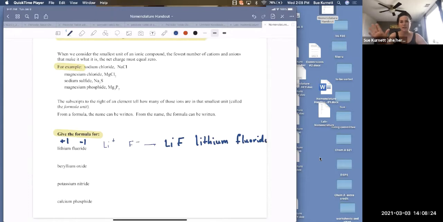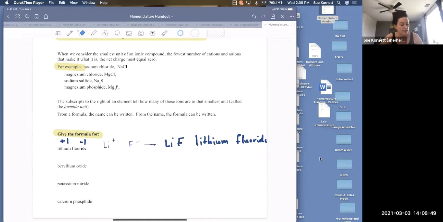It's a whole bunch of lithium ions and fluoride ions that are stuck together in a way where every positive ion, cation, is right next to an anion, a negative ion. But if we just look at the smallest unit that represents that ratio, it's 1-to-1. Now, we don't write lithium 1, fluoride 1, because in formulas, the ones are implied. But if it wasn't 1, we would write that number.